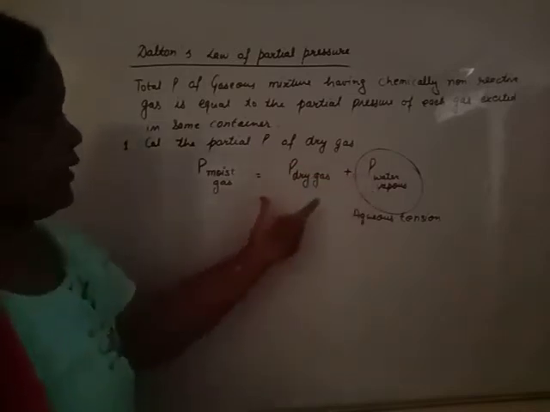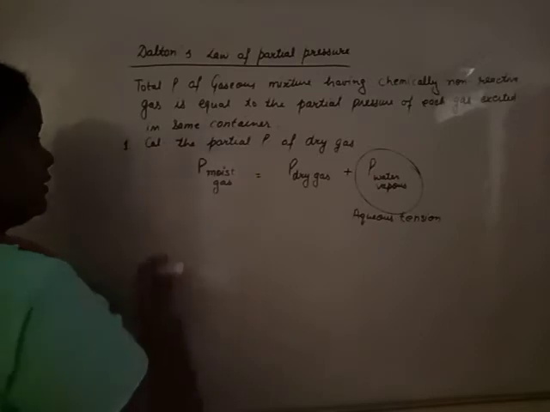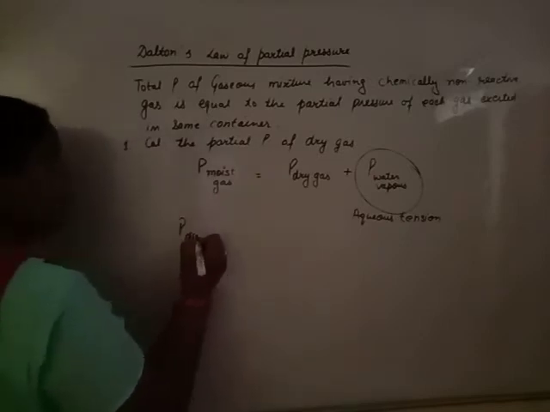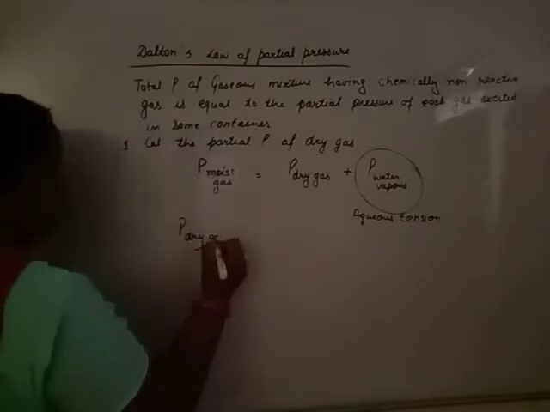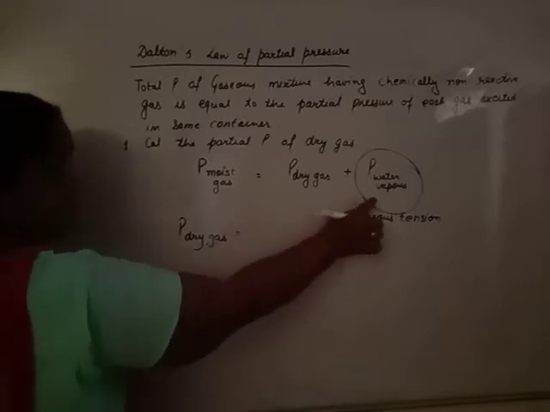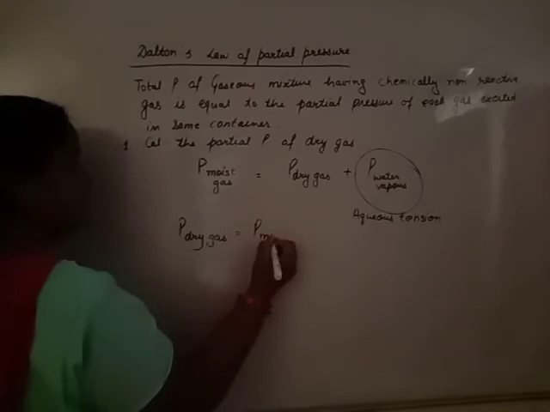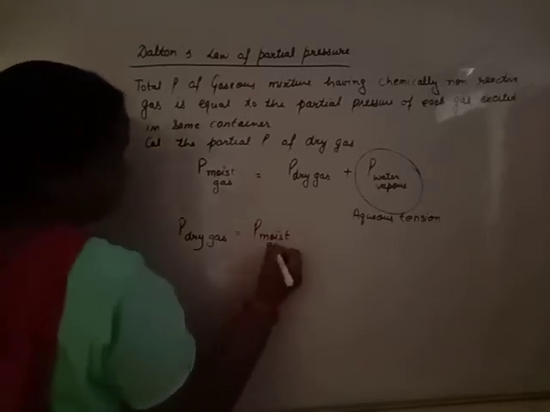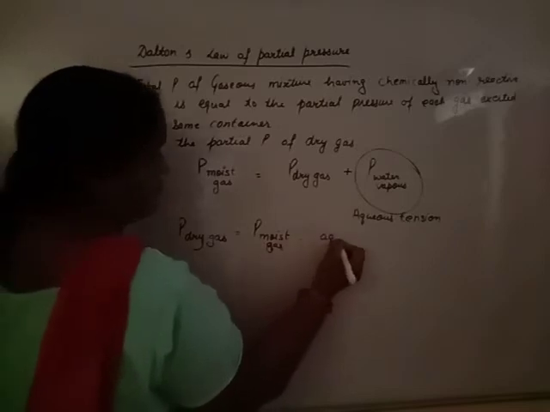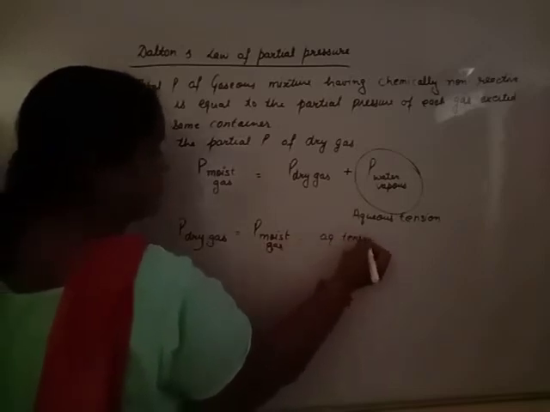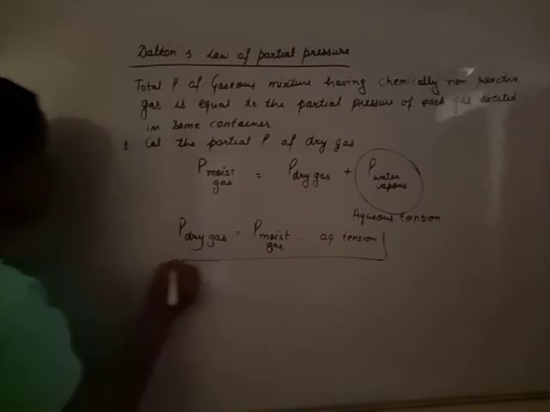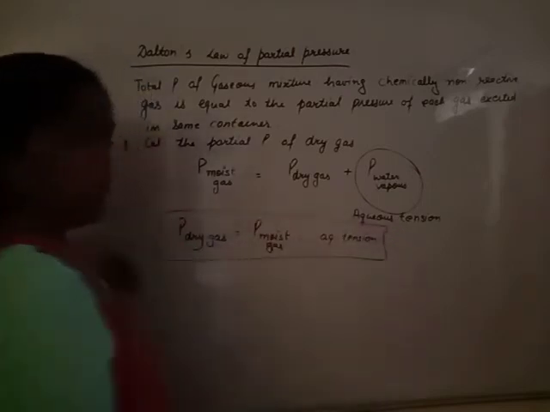We want to calculate the pressure of dry gas. It is simple. When we want to calculate the partial pressure of dry gas, aqueous tension is subtracted from the moist gas pressure. Moist gas minus aqueous tension. It is the first application of Dalton's law of partial pressure.